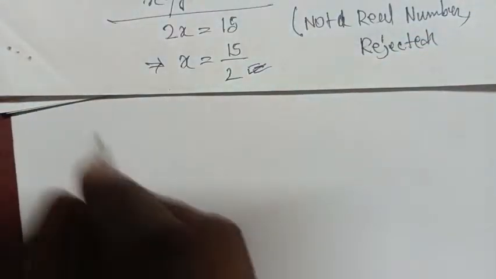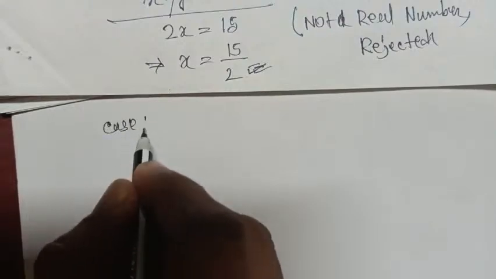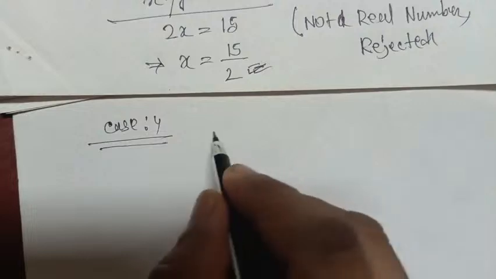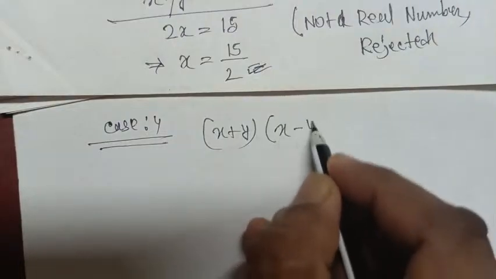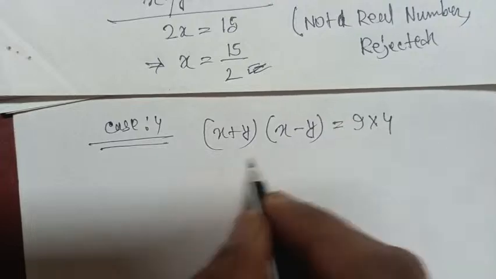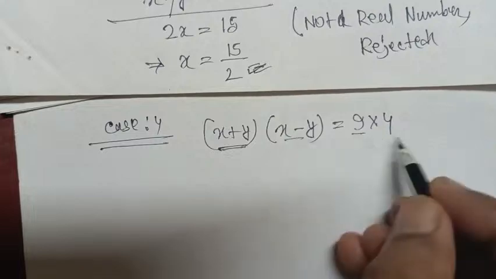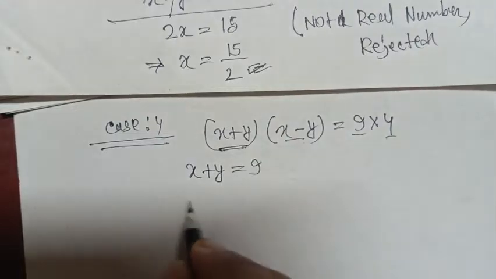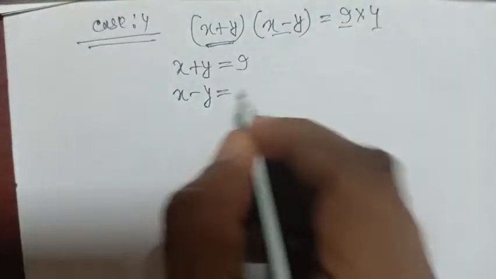Now for case 4, where we got x plus y into x minus y equals 9 into 4. Now if we compare this, x plus y to 9 and x minus y to 4, then we get x plus y is equal to 9 and x minus y is equal to 4.